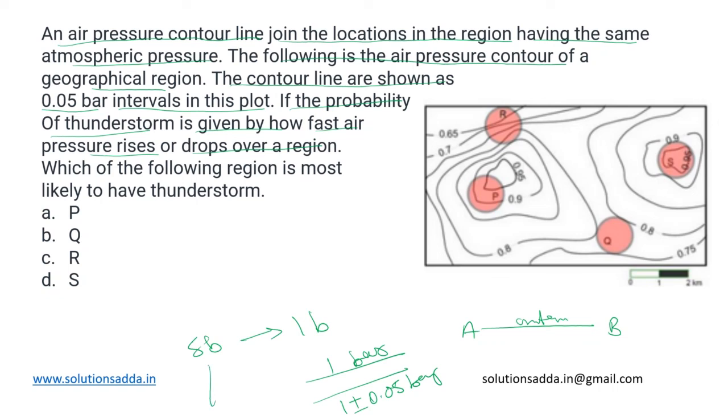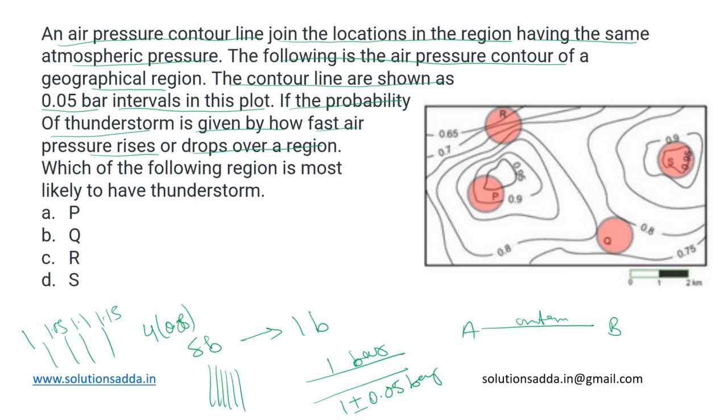Or if there is a huge number of lines crossing a particular region, then the air pressure would be changing that many times in that area, because between every two lines there would be a difference of 0.05. So if there are four lines, then let us say this was at 1 bar, then this would be 1.05, 1.1, 1.15. So these four lines indicate that the pressure changed four times by 0.05. So that many times the difference would be created.